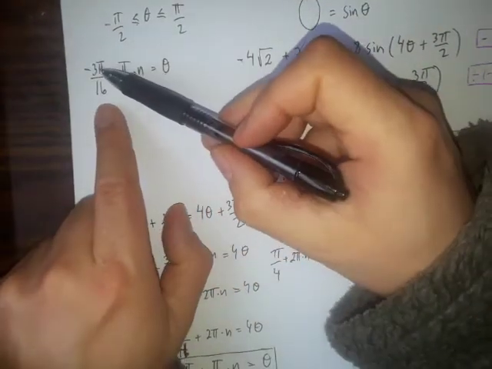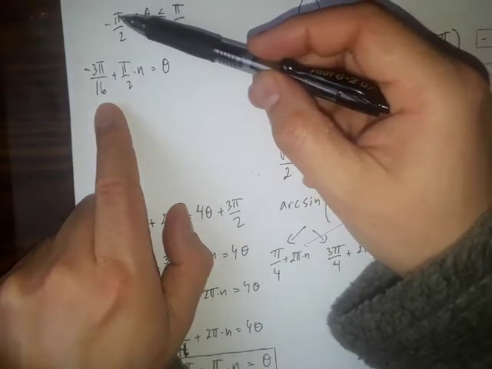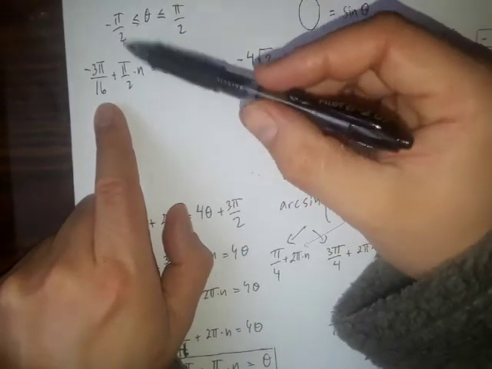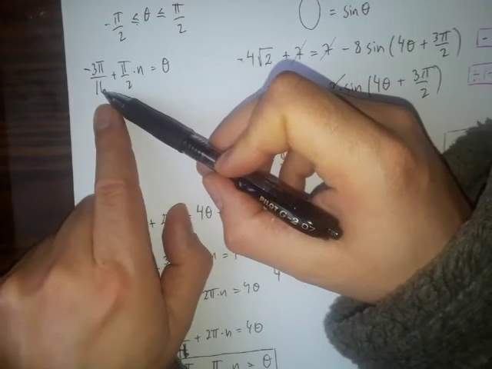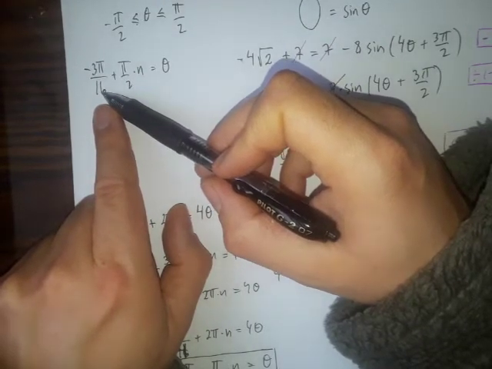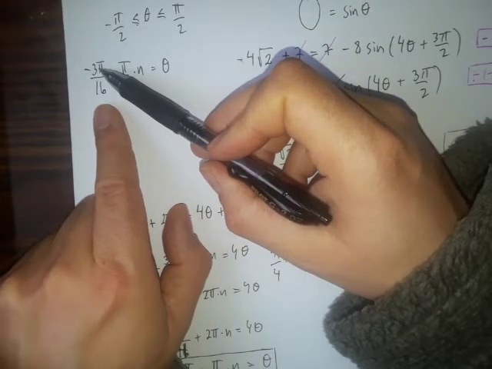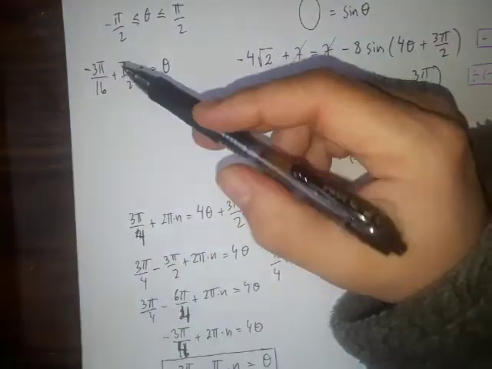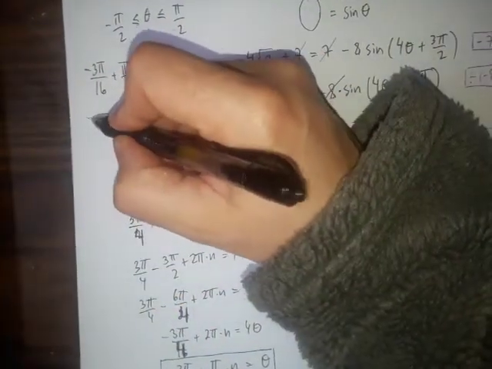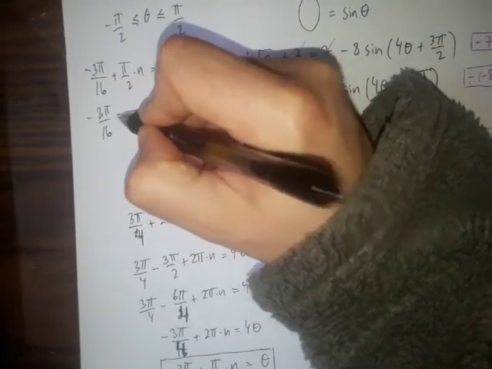So let's see how much pi over 2 will be. Here we have a 16, right? Half of 16 would be 8. So this would be negative 8 pi over 16, right? See, negative 8 pi over 16, that's the same as negative pi over 2, right?